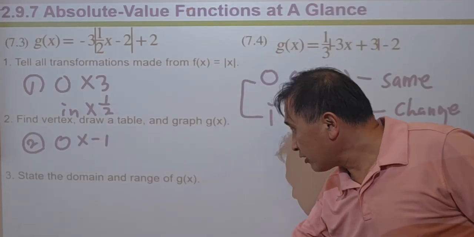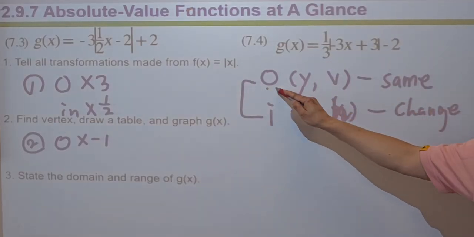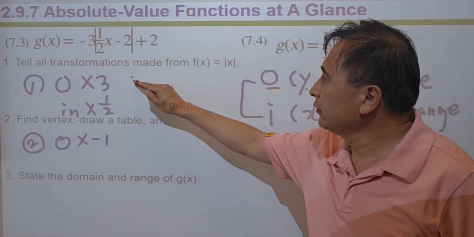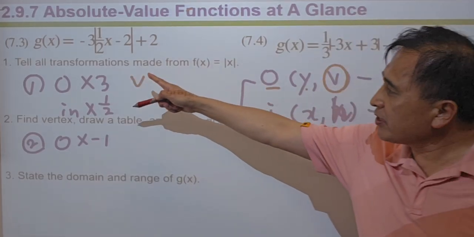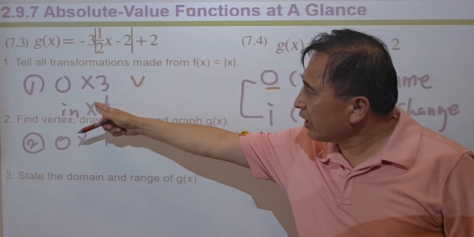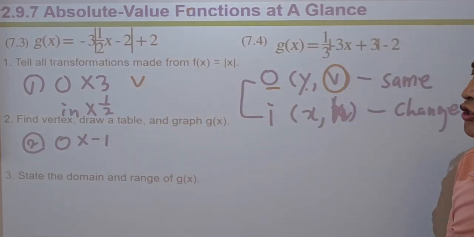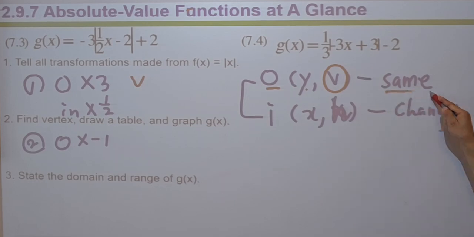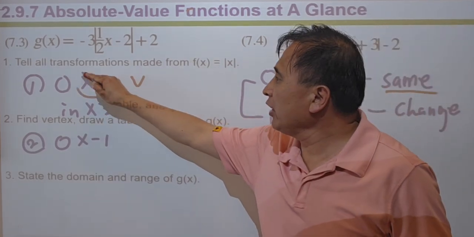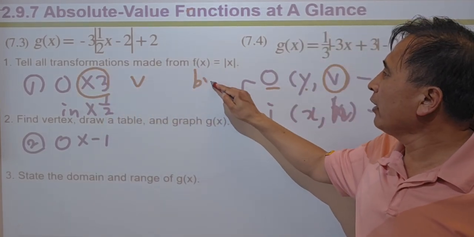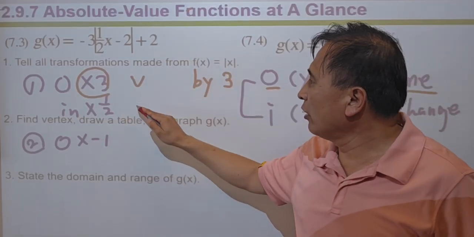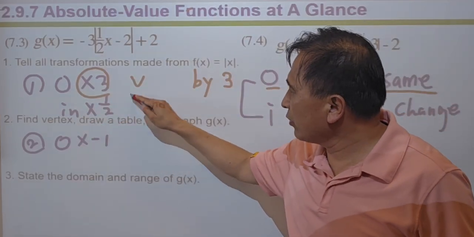So let's apply this. Outside is y, which is vertical, right? Outside is vertical. This times is stretch or shrink. And vertical, same means times 3. Then we call it by a factor of 3. And it's horizontal because inside is horizontal.